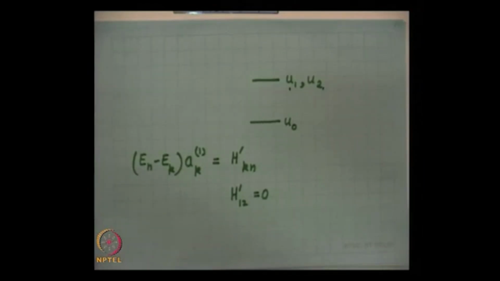That is, the representation should be such that in the subspace generated by the degenerate state vectors, the H prime must be diagonal, and then only the diagonal elements will give the energy eigenvalues.